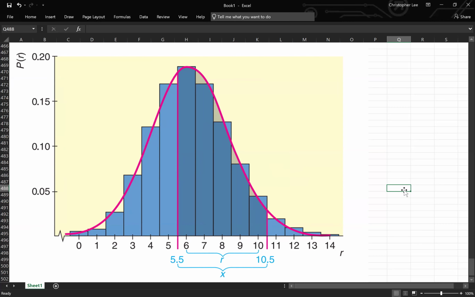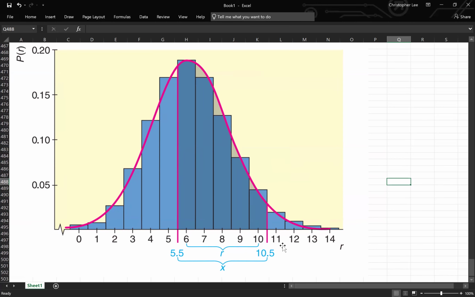Does that mean that R is from 6 to 10, not 5.5 to 10.5? R is from 6 to 10. But to switch it to the X distribution, I have to extend it to cover the entire bar. Just subtract 0.5 or add 0.5 to the R, and that's it.